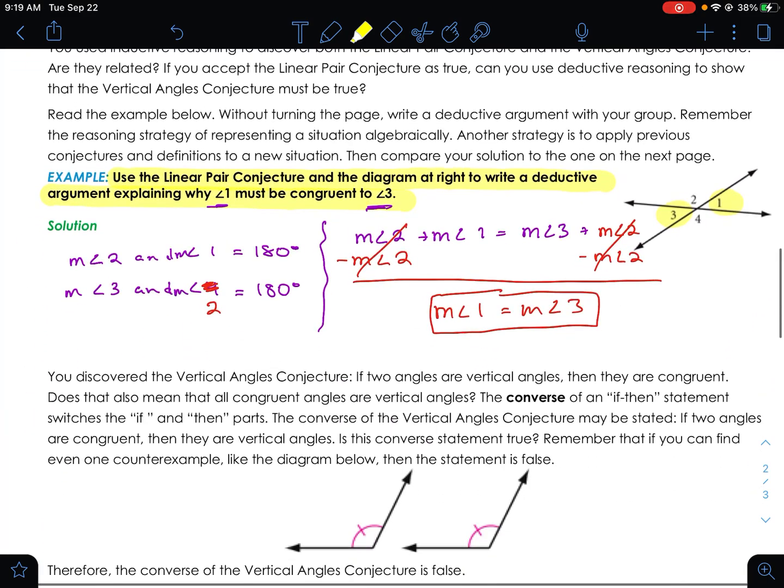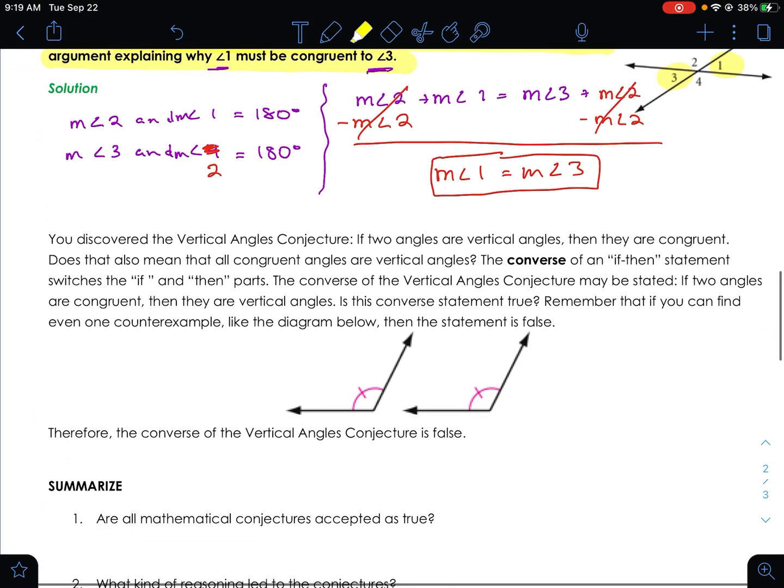All right. So one thing that we need to talk about is, we figured out the vertical angle conjecture states, if two angles are vertical angles, then they are congruent. And what we want to talk about now is, does that also mean that all congruent angles are vertical?